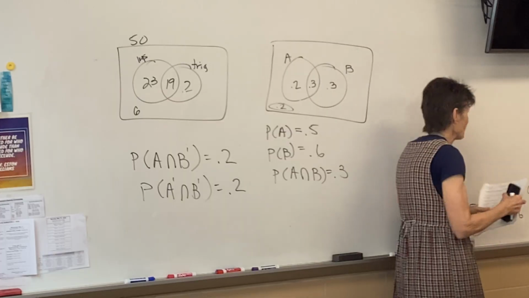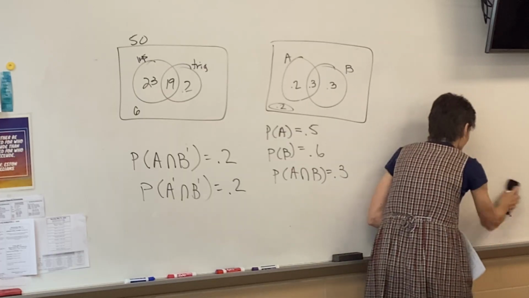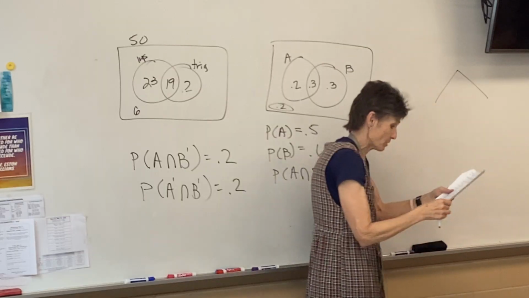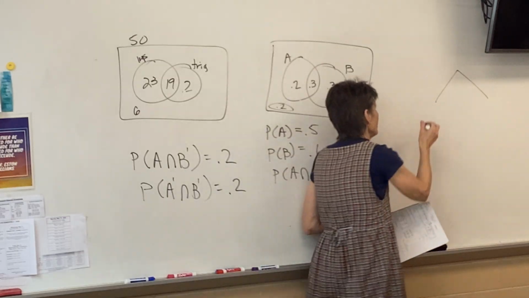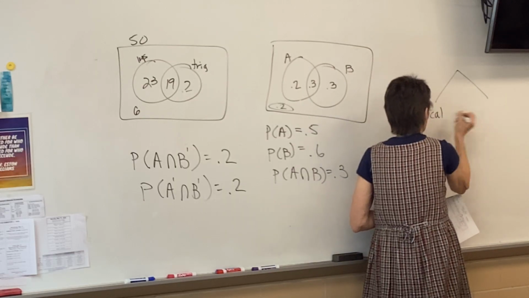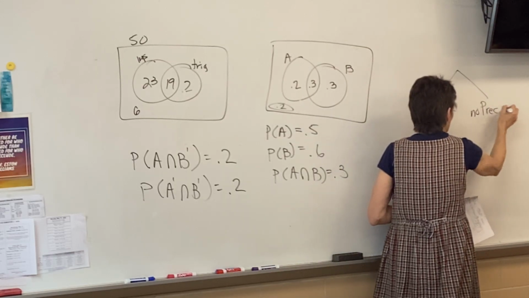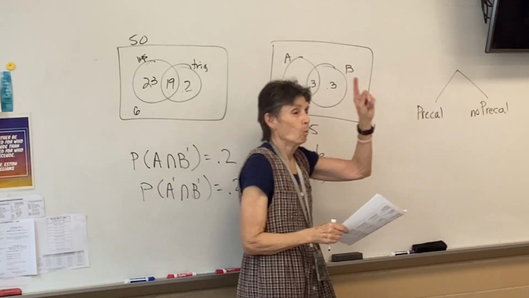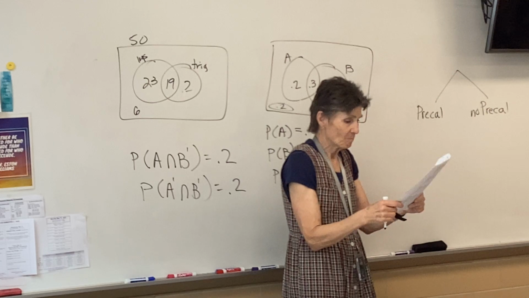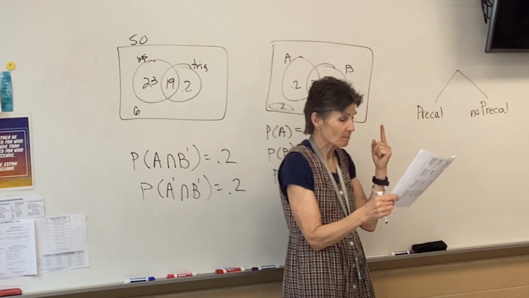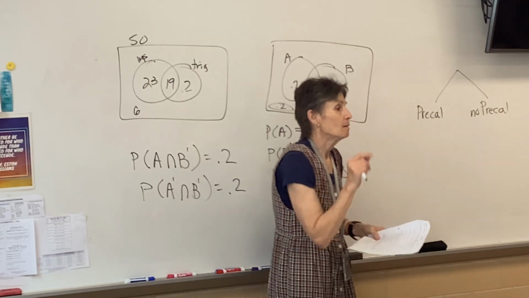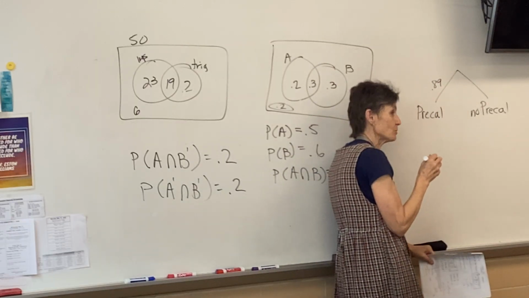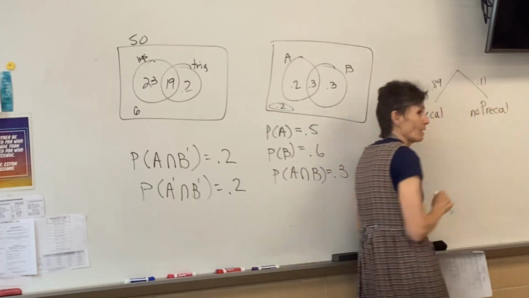That's what's happening. So I'm going to build my tree diagram. And what starts? Pre-cal and no pre-cal. Now, what is the probability that a kid takes pre-calculus? 0.89. So the probability he is a total loser in life is 0.11, right? Yep.